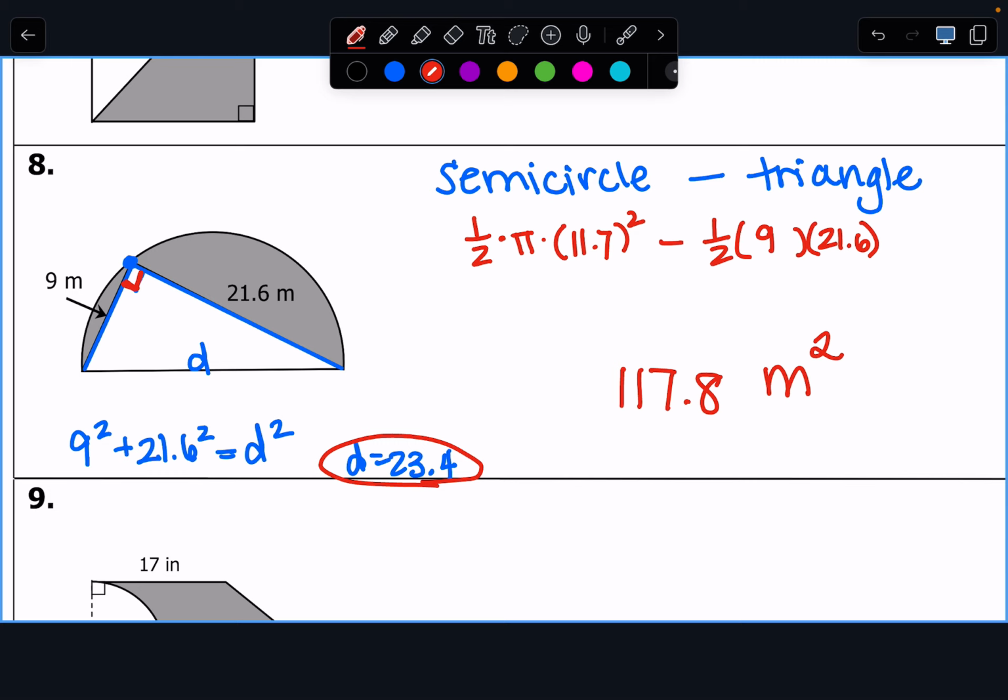Okay, so if I use Chase's calculator and I type in 1/2 times pi times 11.7 squared minus 1/2 times 9 times 21, I get 117.8. You have a calculator that when you press things in, you can see it on the screen.